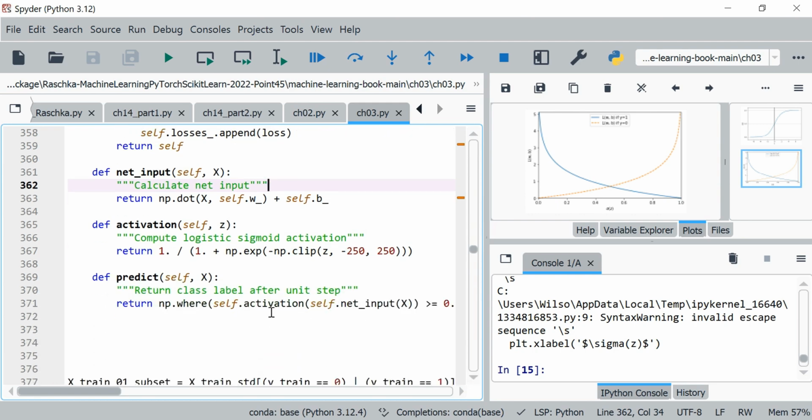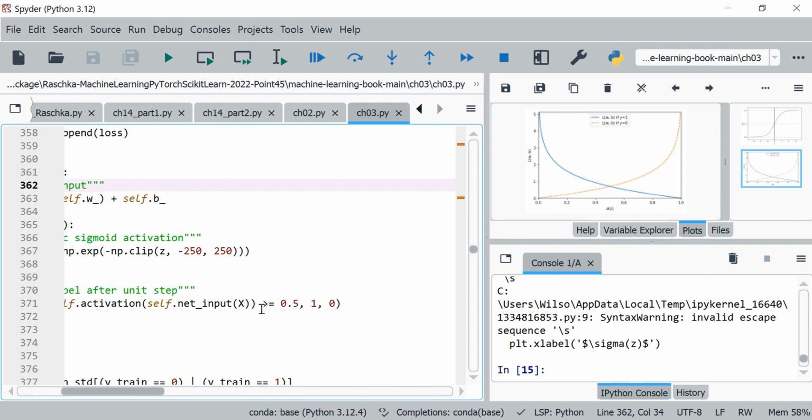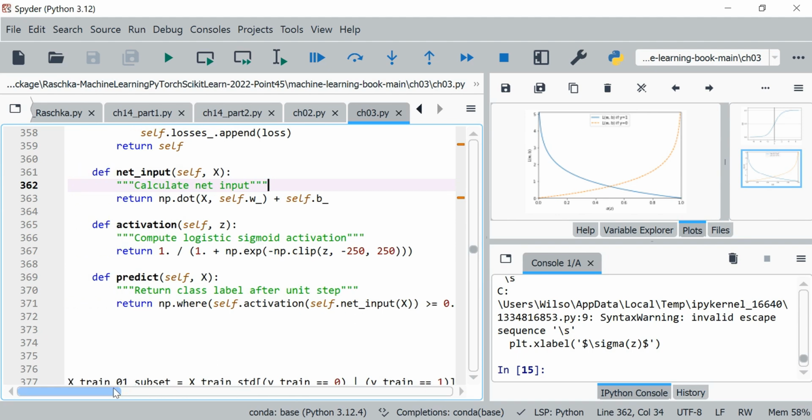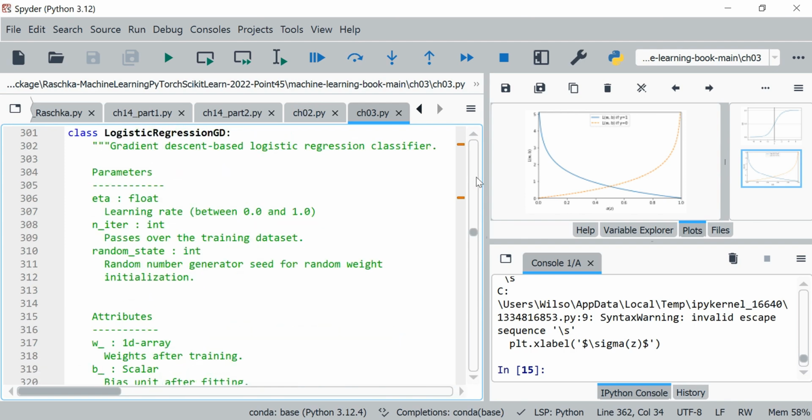The predictor function is the activation for the net input. Then if this probability is larger than 0.5, we will set the label 1. Otherwise, it will be labeled 0. So here is the model output probability for positive events. They're quite understandable, because we will use this predictor function in the plot decision function we'll show later.